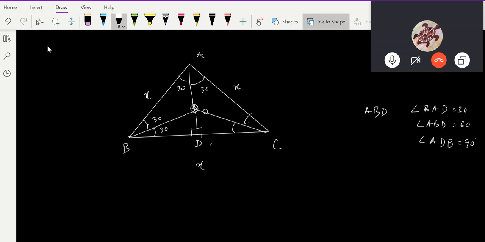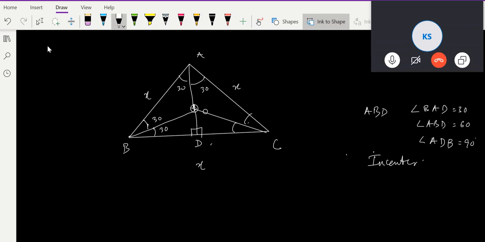And since it is the bisector of the angles, so therefore it becomes the... bisector of angles is what? Centroid? Or incenter, sorry. Incenter. Correct?